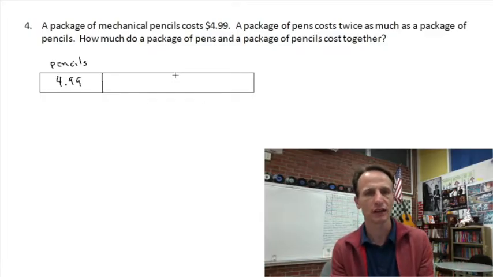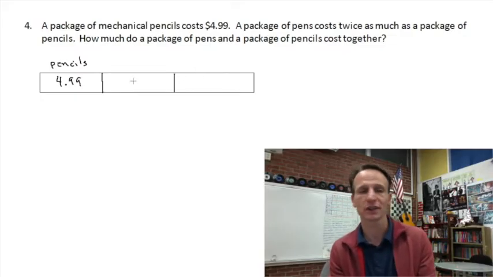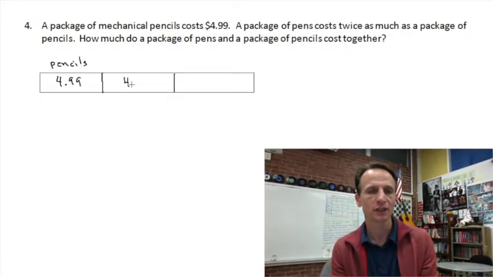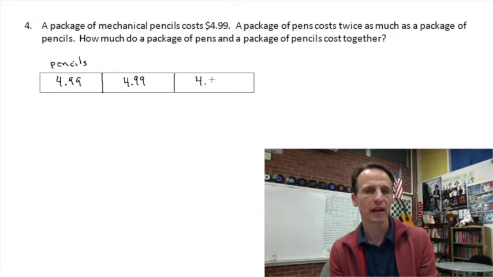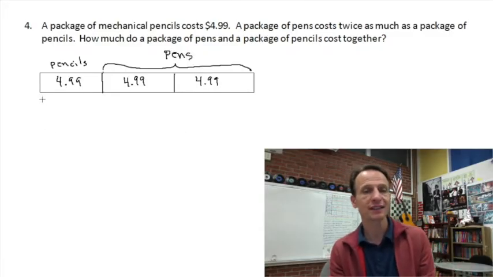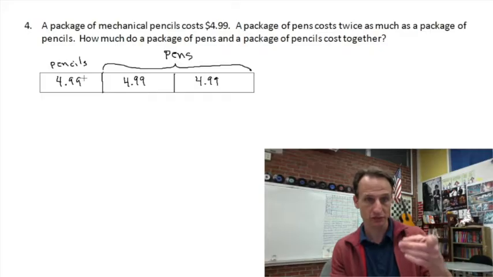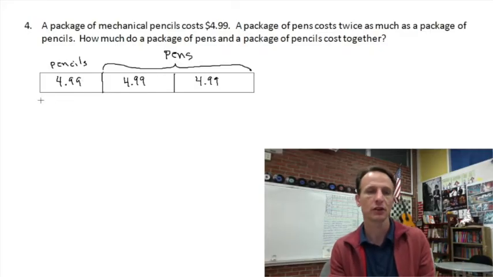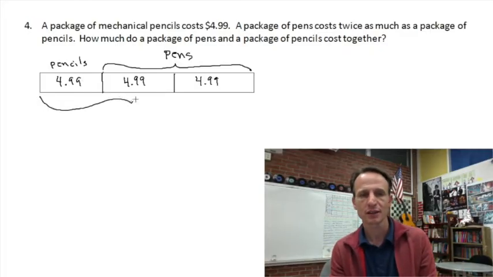So I have the $4.99, and then 2 more $4.99s would give me the full cost. Do you see how that works? And a bracket in a moment will show you exactly why, because that first one is pencils, right? And this here, this is pens, right? Twice as much. And so what we're trying to find is 1 package of pencils, 1 package of pens all together. See how it works?